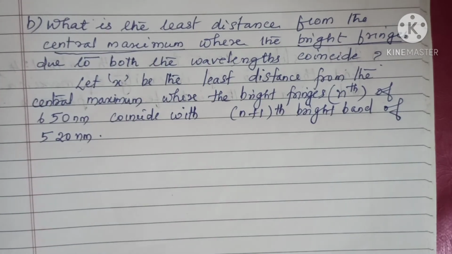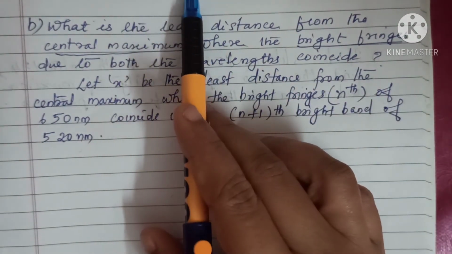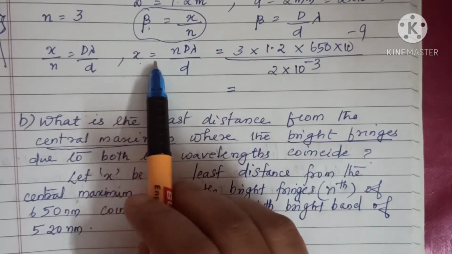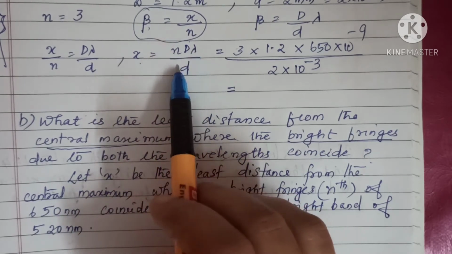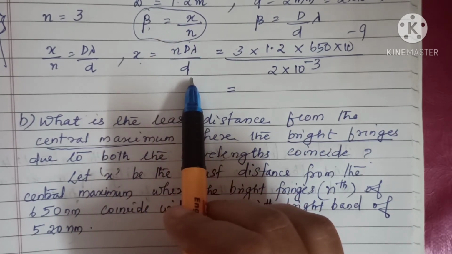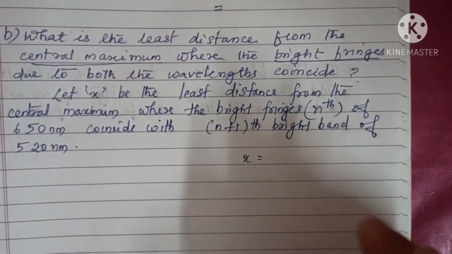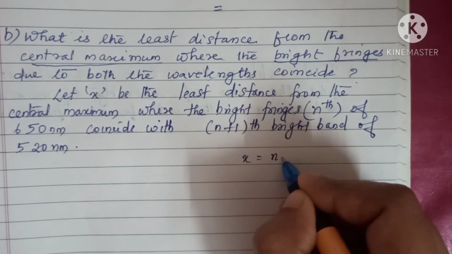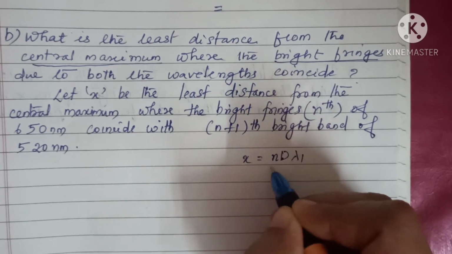So this is just a condition to find that value. In the previous question you got one expression, that is x equal to n D lambda by d. So here also, x is equal to, the first condition is n into D lambda 1 by d.